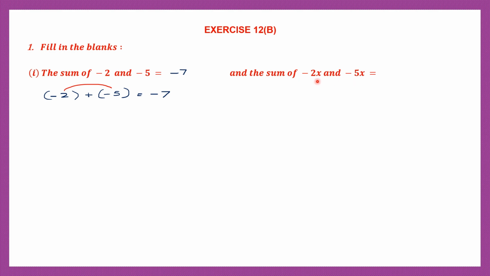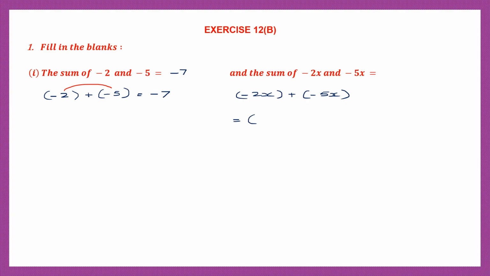So we can do -2x plus -5x. So here what did we do? We did -2 plus -5. So we already have -2 and -5, and since they are like terms, we just have to add up and write the x.